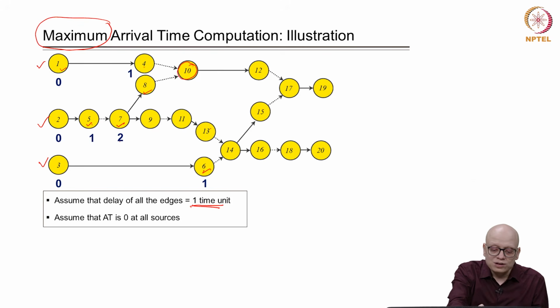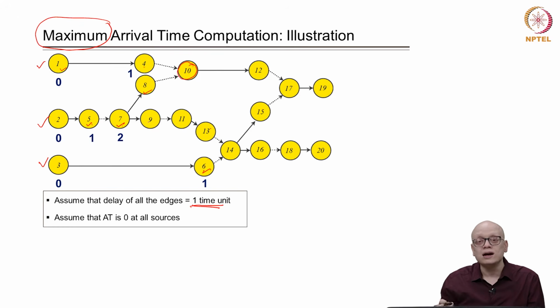Now, given that we know the arrival time at 7, we can compute the arrival time at 8 and 9, because those have only 7 as input vertex. So, we add 2 plus 1, that is 3, and we get the maximum arrival time at 8 and 9.